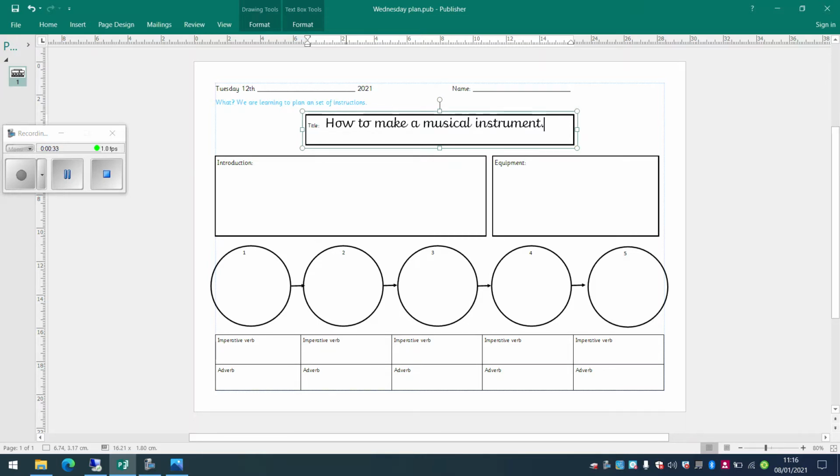Now, the most important thing about a title is that in a title we have capital letters for the main words. We don't need a capital letter for the short words, but for the main words we need a capital letter. Okay, so that's the first job. If you pause the video you can write your title now.